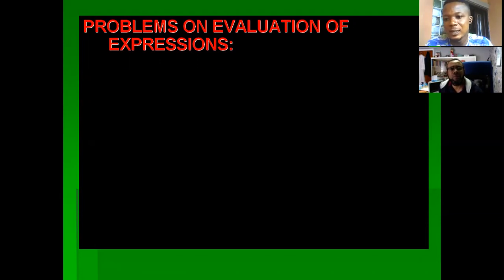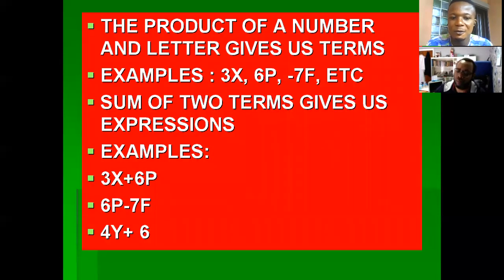So in mathematics, I want you to just know today that an expression is just the sum of two or more terms. Then there are some exceptions where you can have a term and a number. Just like the last example here, 4y plus 6.